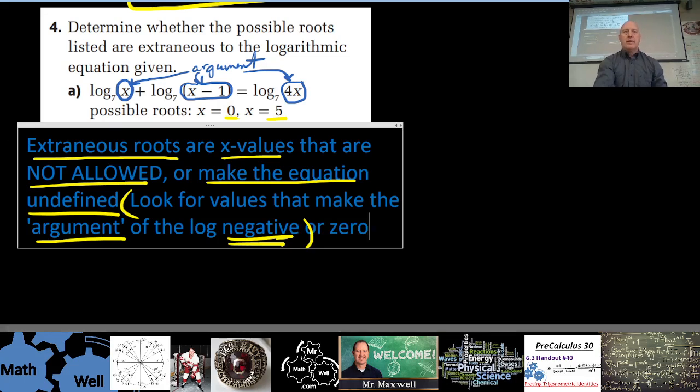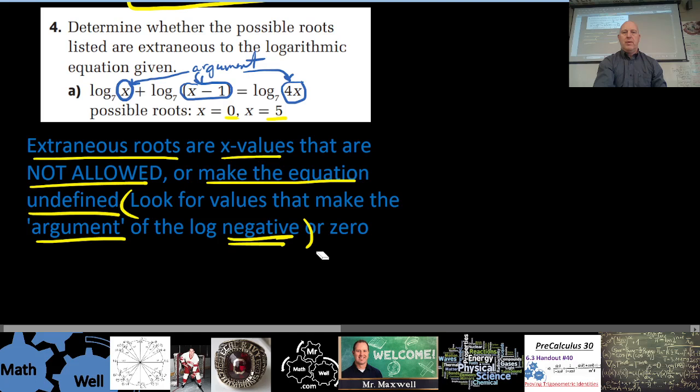Usually it's the negative that is the common one. So that's already a problem there, and it's really a problem here. 0 minus 1 is negative 1, so that's bad. And then 4 times 0 is 0 again. That's no good. So 0 is extraneous.